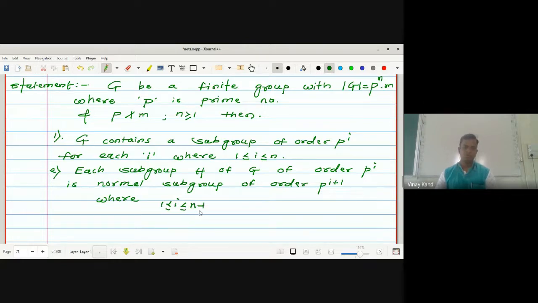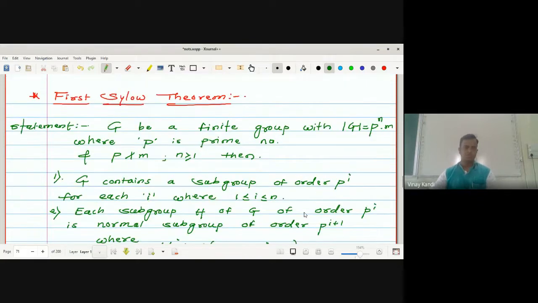If you put i equal to n minus 1, we get p raised to n. Or you can write i running with 1 less than or equal to i less than n.